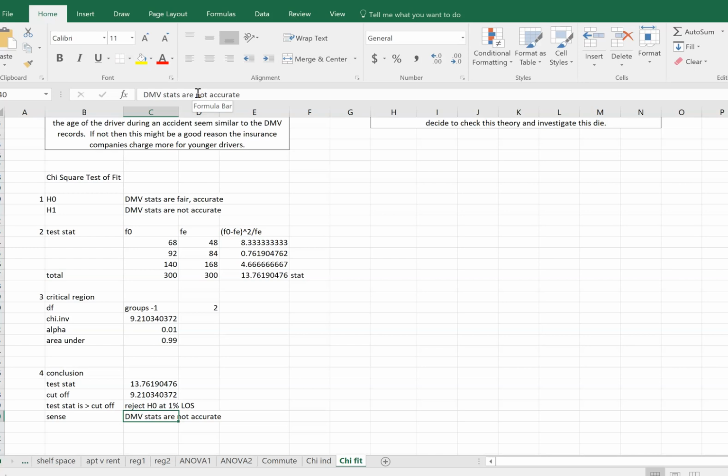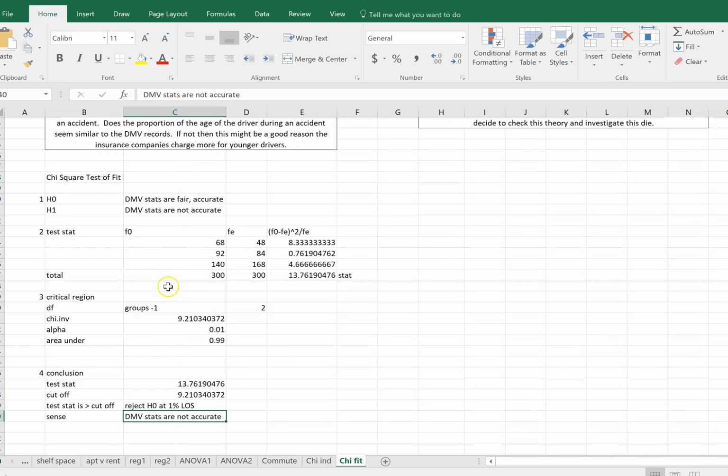So I even have a more thorough test here. Yes, I passed the 5%. If that's all you wanted, yes, I passed the 5% level of significance. But I changed it to 1% and I still passed that critical cutoff value. This was the cutoff, 9.21, pretty far out there. But my statistic was farther than that, and that's why I'm rejecting.